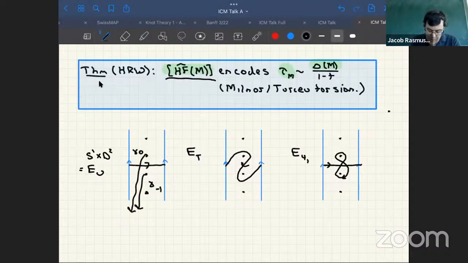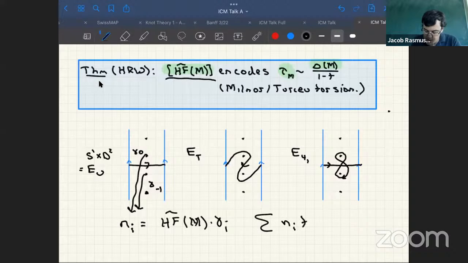The ith puncture has a path gamma i going down to negative infinity. And if I let Ni be the intersection number between HF hat of M with gamma i, then the sum of Ni t to the i in this picture will be, up to shifting by a power of t, the Turaev torsion.